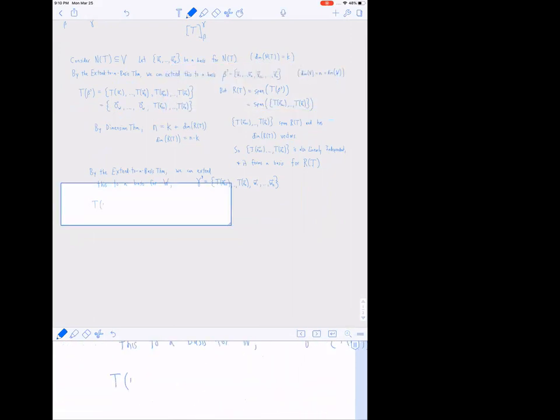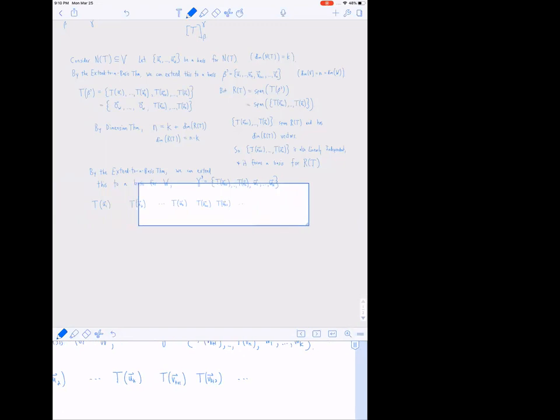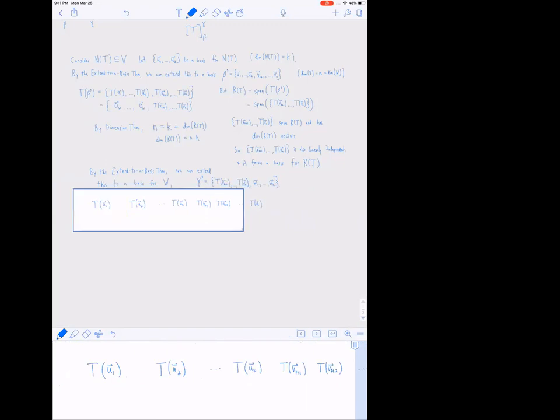So we'll do T of u1, T of u2, up through T of uk, and then T of vk plus 1, T of vk plus 2, up through T of vn. So these are going to be how we figure out the columns of the matrix.